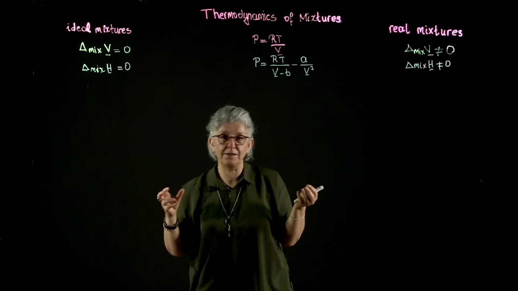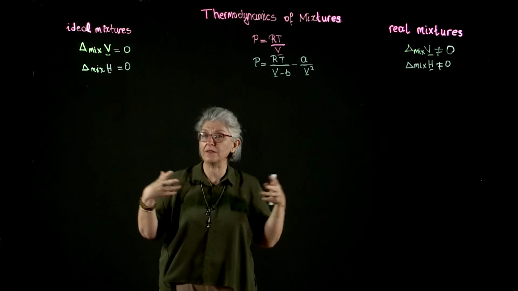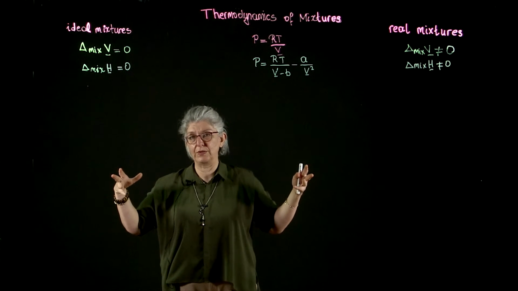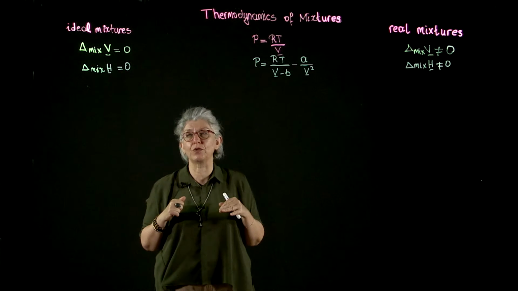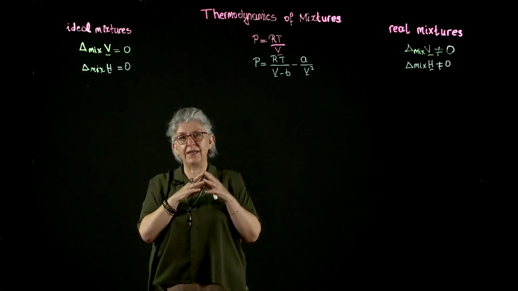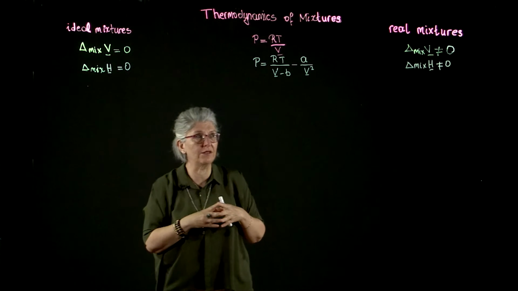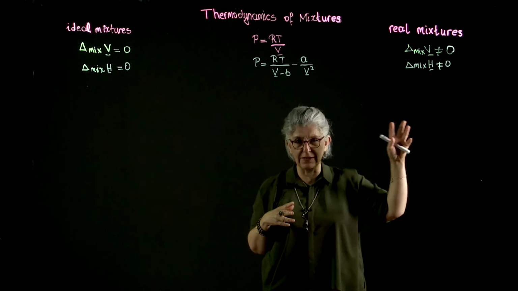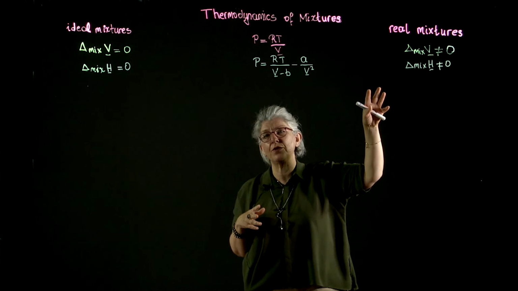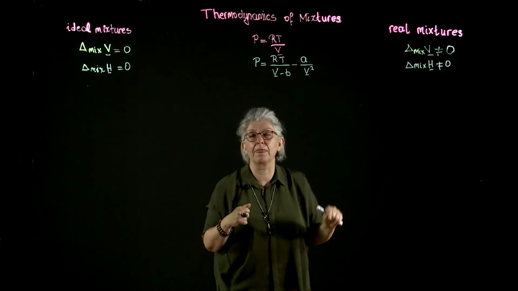Or if we have two molecules which experience repulsive interactions, they will need more volume than their starting initial volumes. So when we mix ideal fluids, their volume will be additive, or the volume change upon mixing is going to be zero. When we mix real fluids, we are going to have positive or negative deviation from the ideal, that we will have a volume change upon mixing.